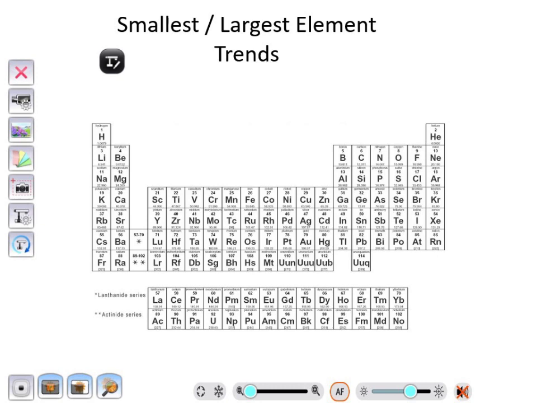I want you guys to identify what you think the smallest element on the periodic table is. Okay, I want you to figure out what the smallest atomic radius is based on the trends we just talked about. 10 seconds, go. Based on the trends we just talked about, identifying the smallest atomic radius.